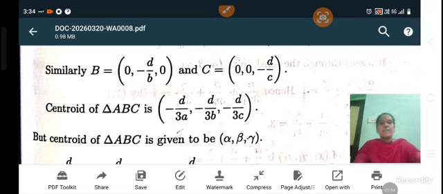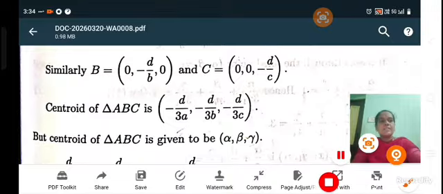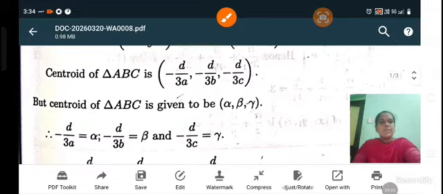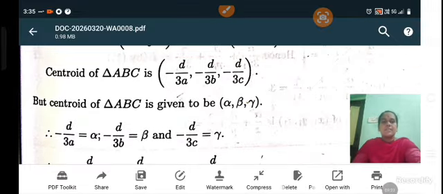Substituting the points, we get the centroid is equal to (-d/3a, -d/3b, -d/3c). The given centroid is (alpha, beta, gamma). Equating them, we get -d/3a equal to alpha, -d/3b equal to beta, and -d/3c equal to gamma.